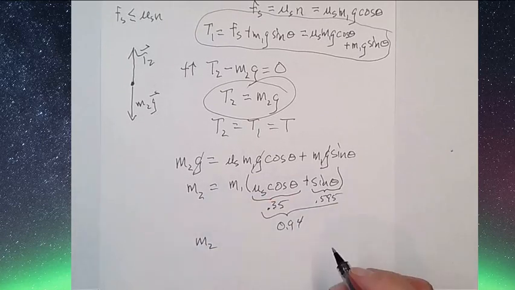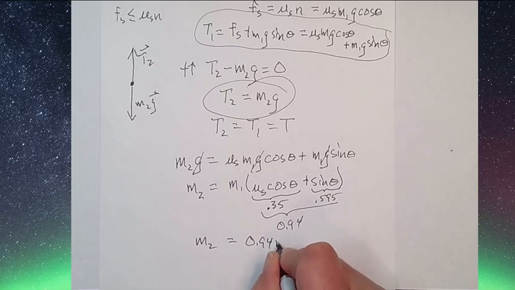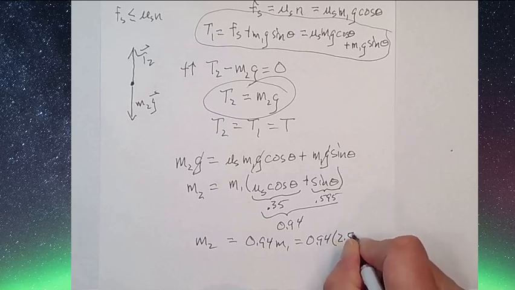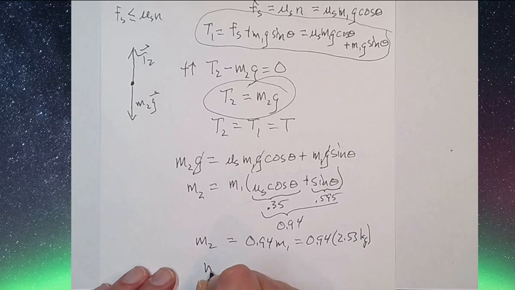In fact, I did that first, but 0.94 m1, which is 0.94 times 2.53 kilograms, and m2 ends up equaling 2.4 kilograms.